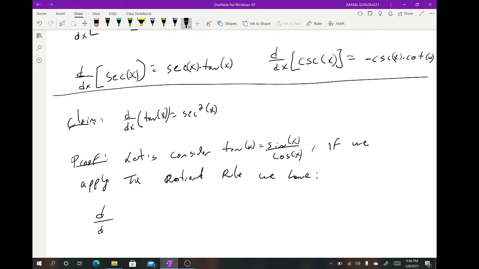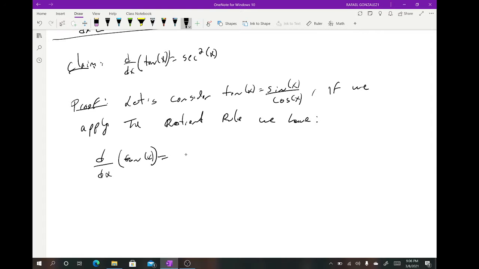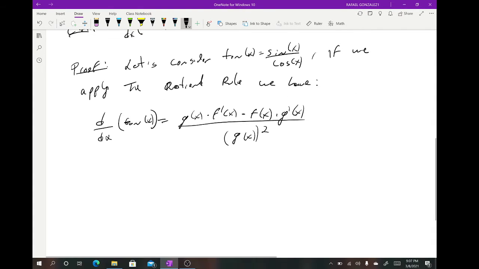The derivative with respect to x of tangent of x is going to be the same thing as g of x times f prime of x minus f of x times g prime of x, divided by g of x squared. That's by the quotient rule.